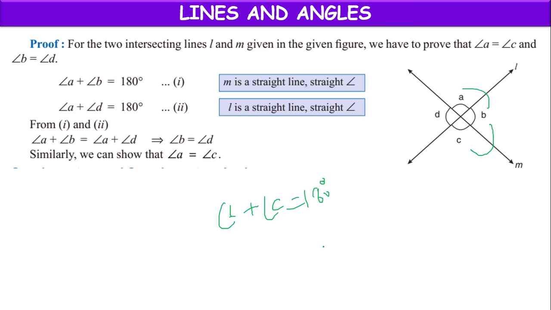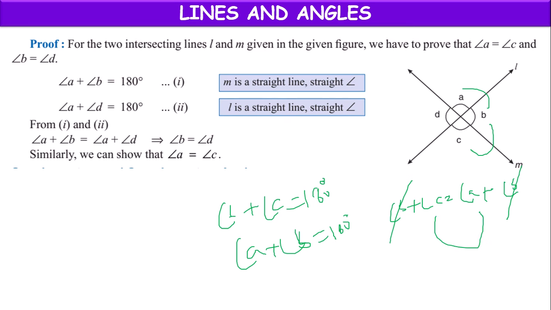Or if you take this, angle A plus angle B equals 180 degrees. Both are equal to 180 degrees. We can equate them. Angle B plus angle C equals angle A plus angle B. Angle B gets cancelled, so angle A equals angle C remains. So in this way, we can prove that vertically opposite angles are always equal.